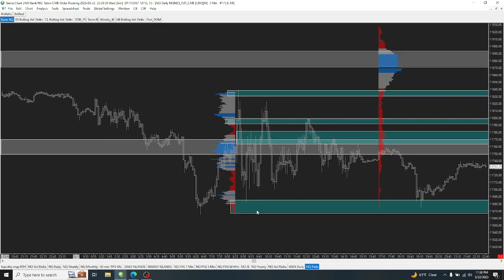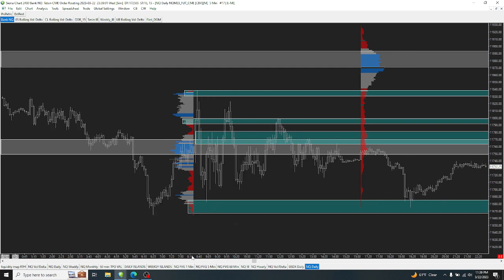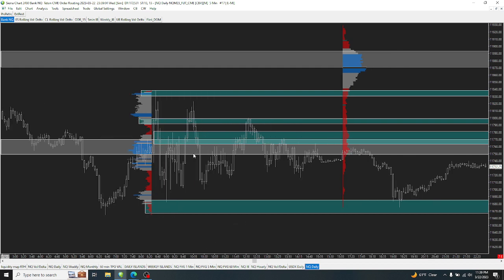But in reference, the trade idea on these that I use is, for instance, getting above this box here, your target would then be this box here. And it's basically just going edge to edge on inventories.